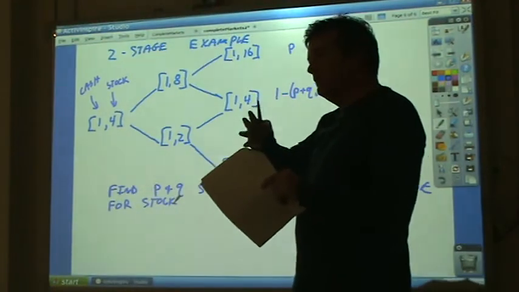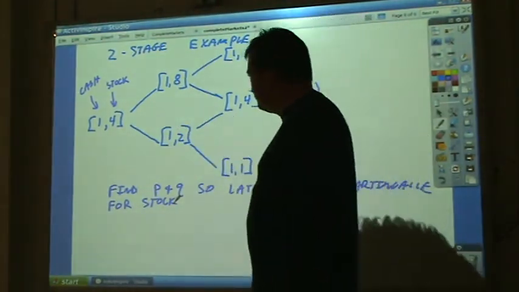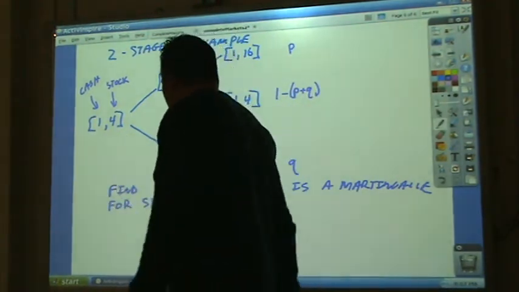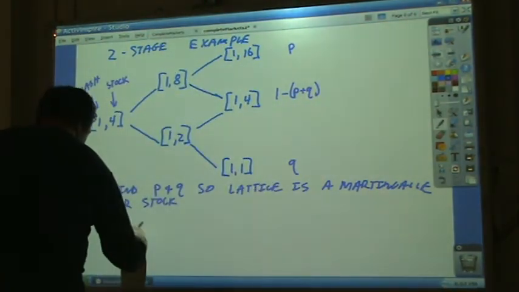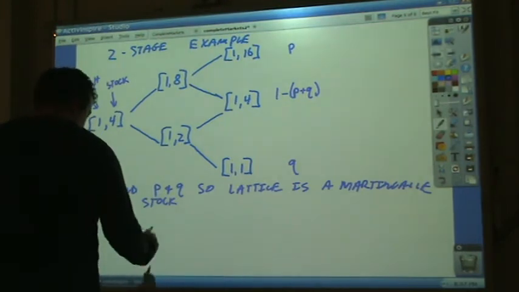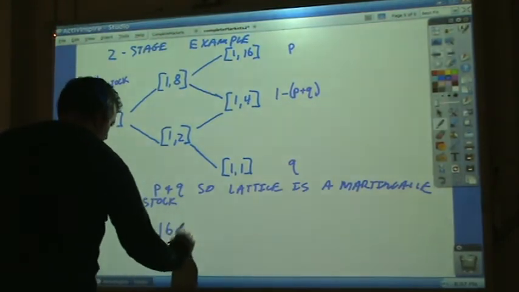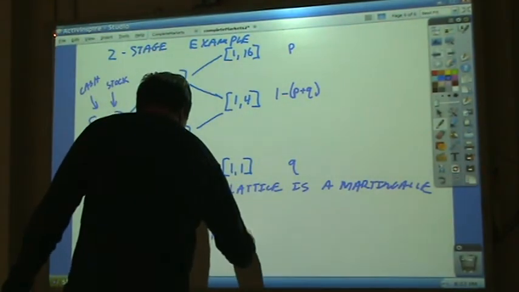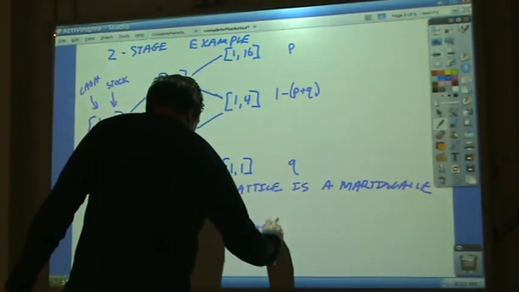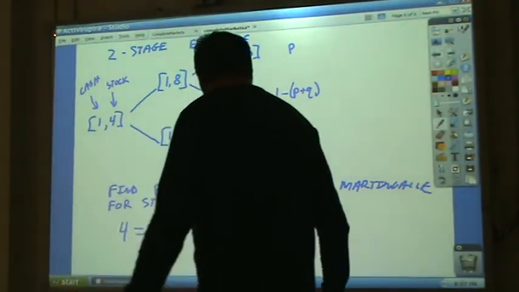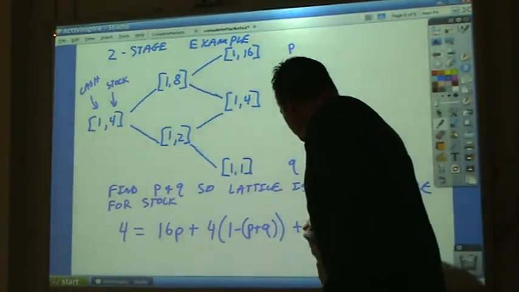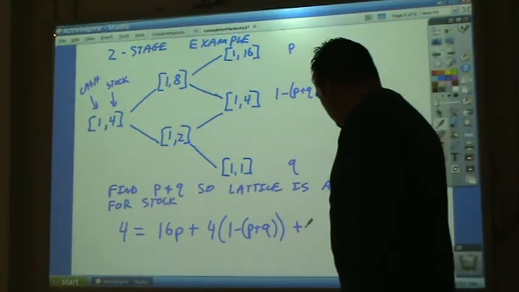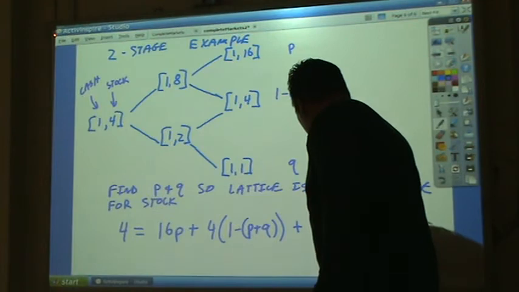A martingale, by definition, has an expected value that stays the same. At any point in the future, its expected value is what it currently is. So we would want $4 to equal 16p plus 4 times (1 minus p plus q) plus 1 times q.